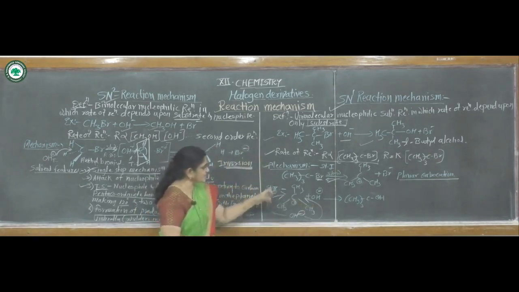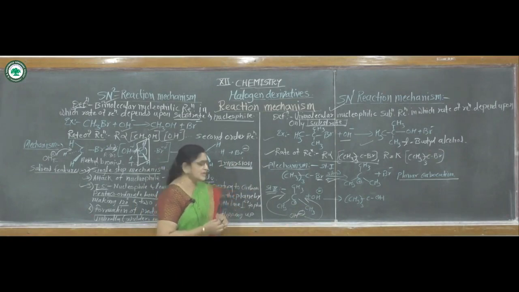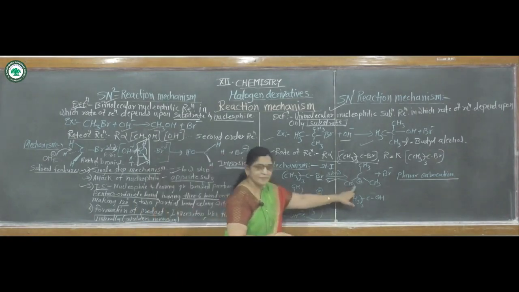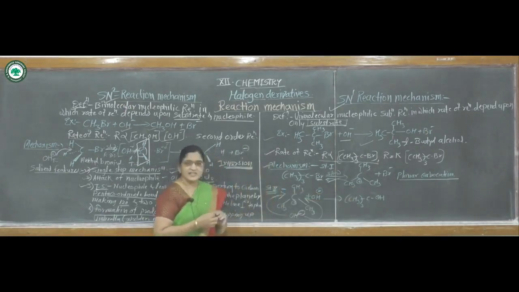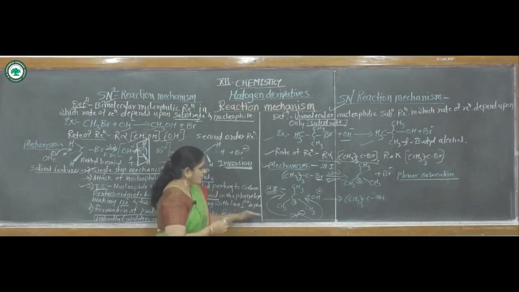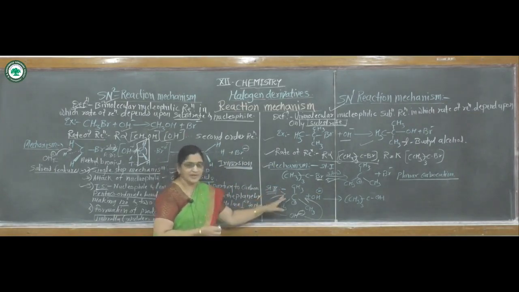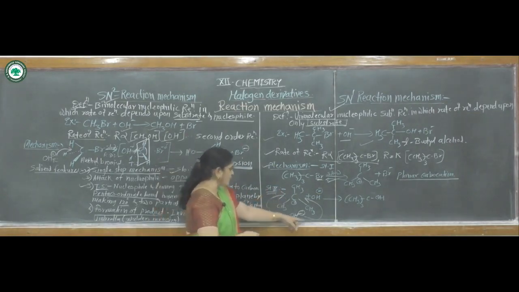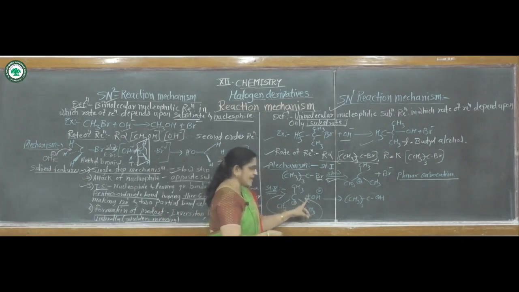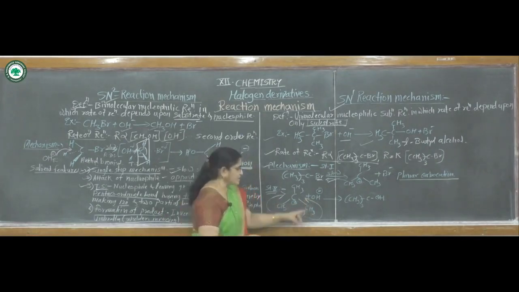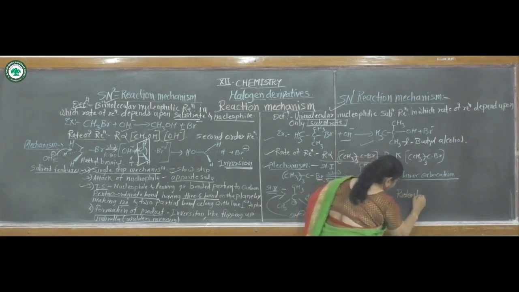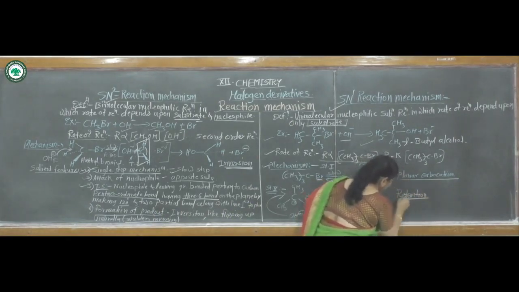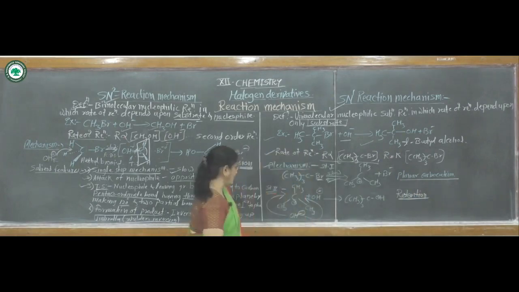In this mechanism, there are two transition states. The first transition state is the formation of carbocation, and the second transition state is the attack of the nucleophile from the back side or from the front side. If the nucleophile attacks from the front side, then the product formed is called retention in configuration.